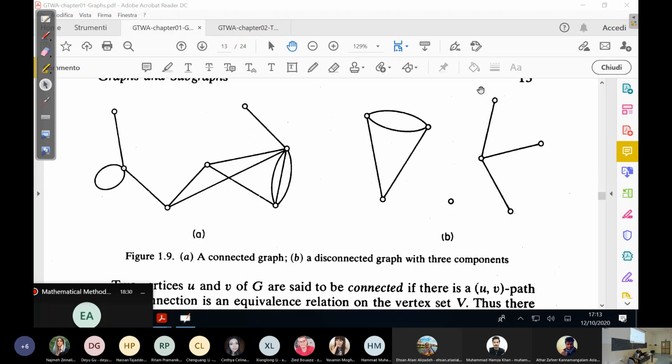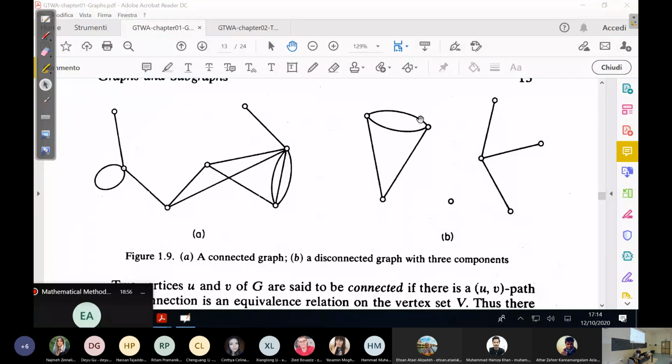So if you want to understand what a component is, it is a maximal connected subgraph. If I add even this, then it's no more connected. Why? Because there is no path leading from here to here or to here.